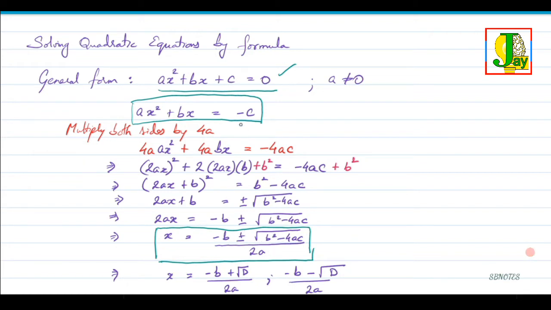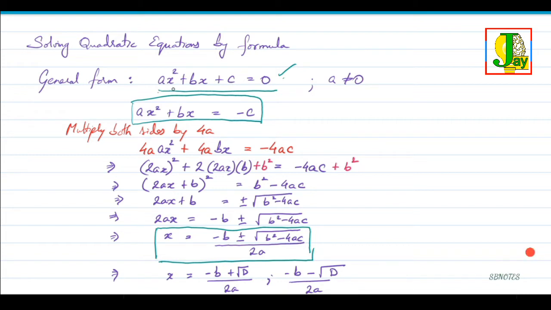Now, how do we get this formula? From the general equation, we use this method to find the value of x in terms of the other quantities in the equation.